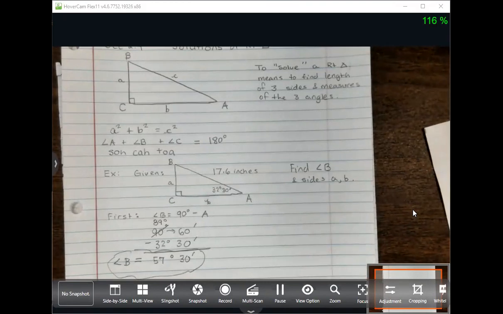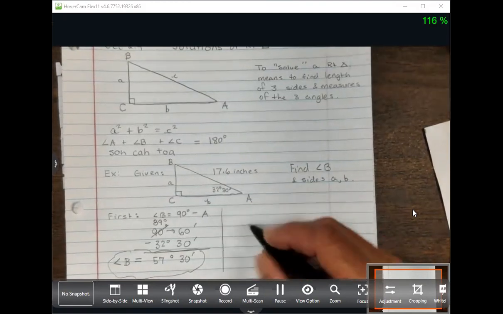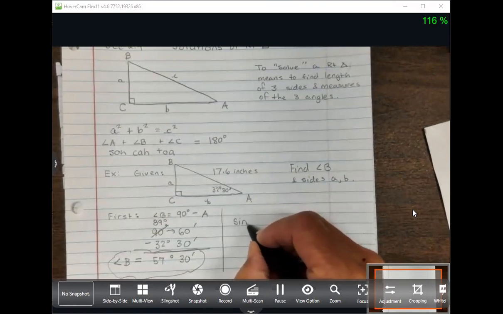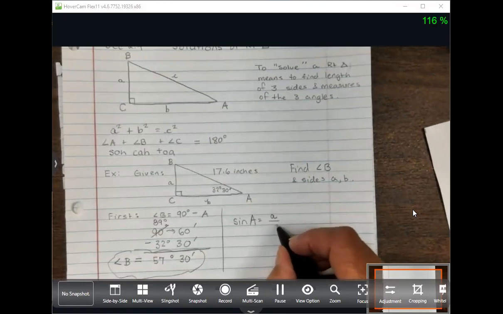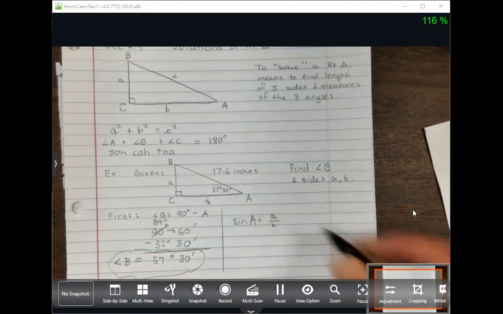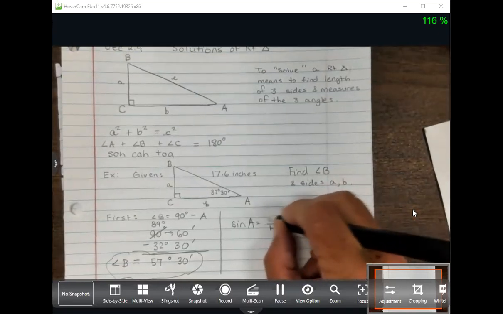So we're going to do this with 1 decimal place accuracy all the way through. Okay, so to get side A, we're going to use the fact that the sine of angle A is side A over the hypotenuse. Let me just write that as opposite over hypotenuse first, and then I'll go with the A.